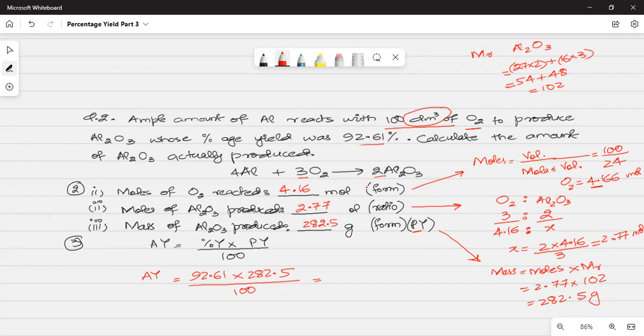$250 something, 256 or 258 probably. What is this? Actually, it might cross 260.